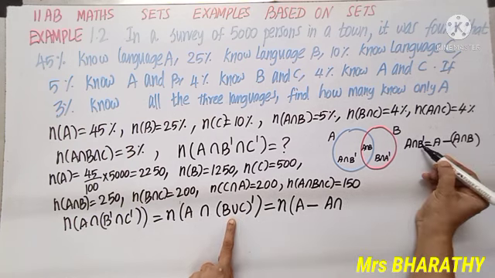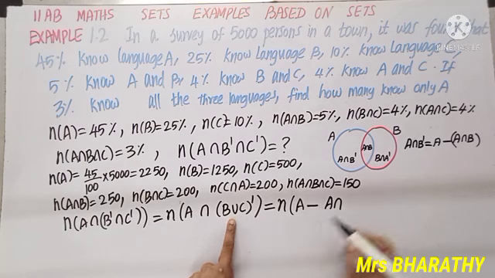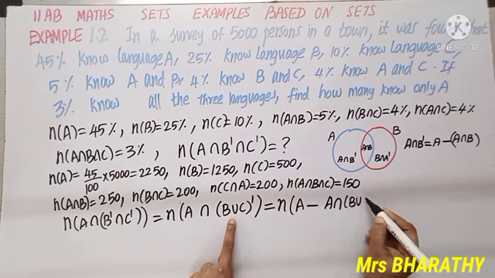Instead of B, I have B union C. So A intersection B union C.